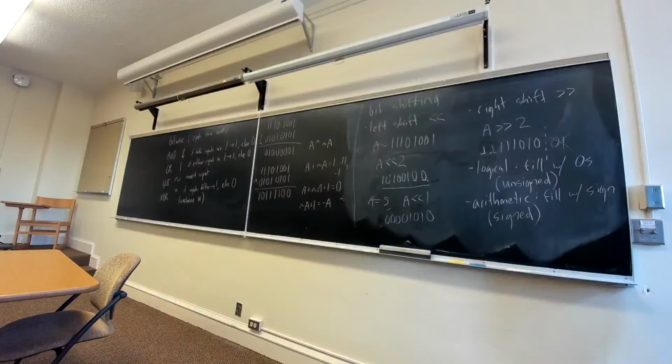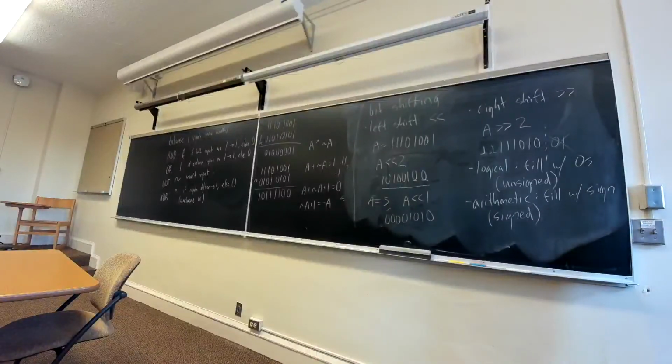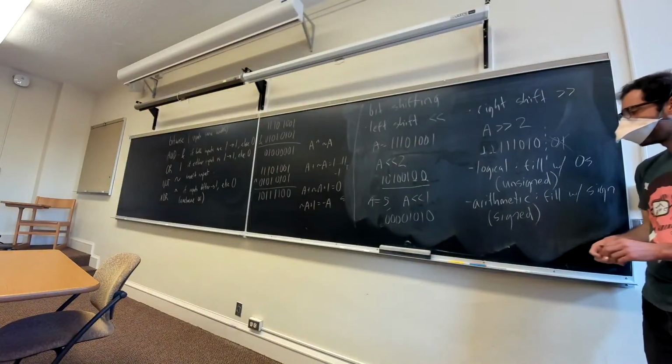Any other questions on this? Yeah. I guess for the right shift, I'm confused. If you put into the blank slots all ones, how can we tell if it's a negative, like 11111010, or how can we maintain the same number if that's the case? Like how do we read it?